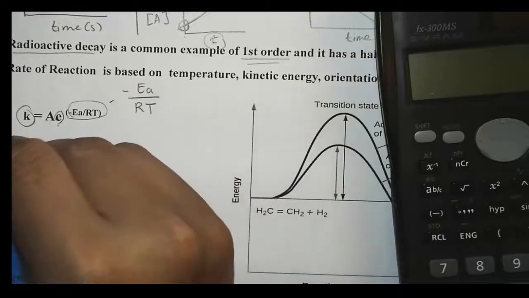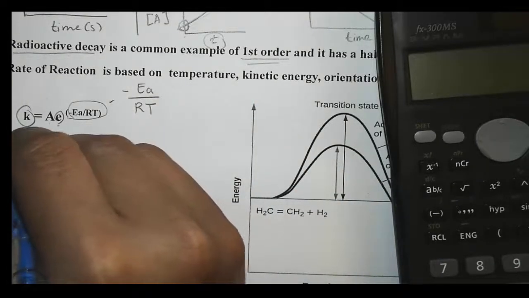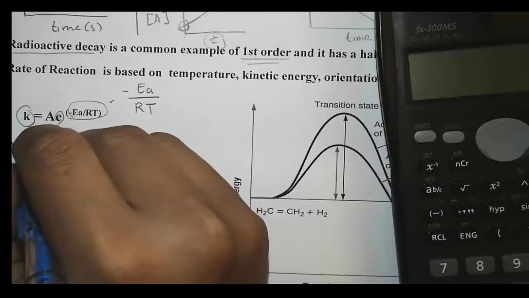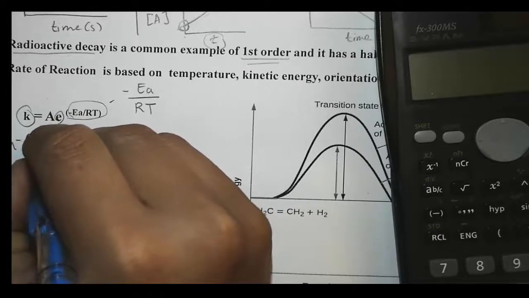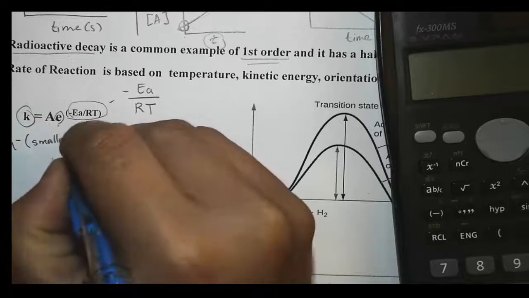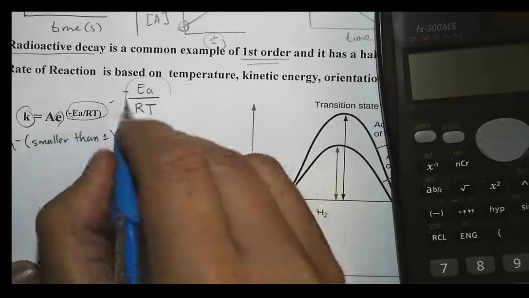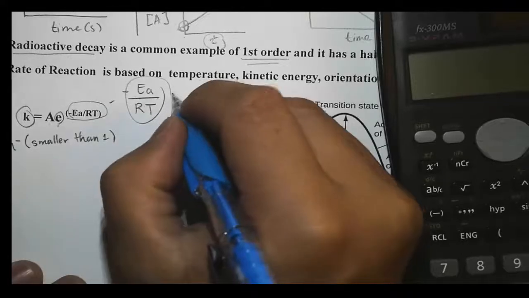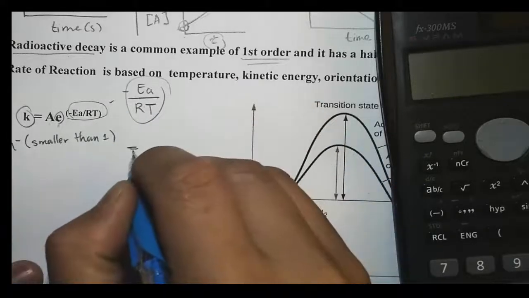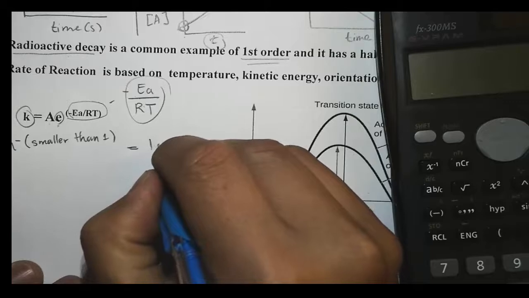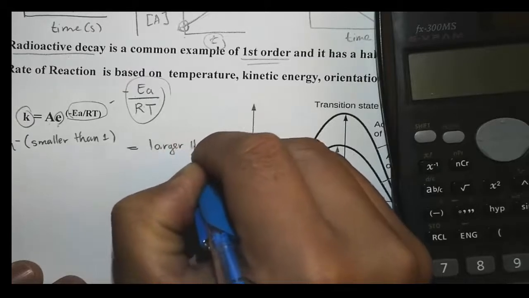When you take e to a negative number, and when that number is smaller than 1, since we're talking about a fraction here, this part is always relative to 1. It turns out that you will have a larger number.